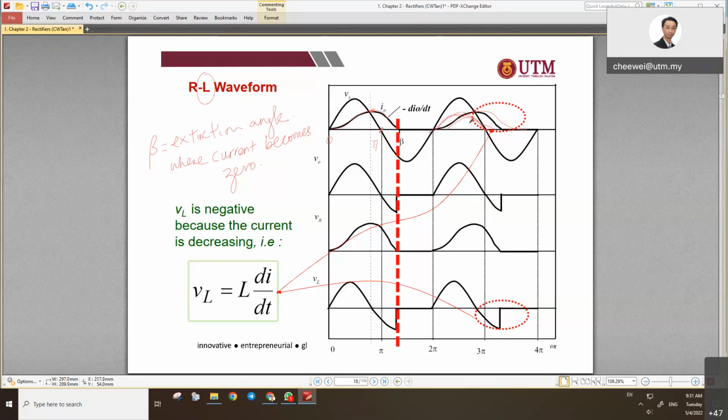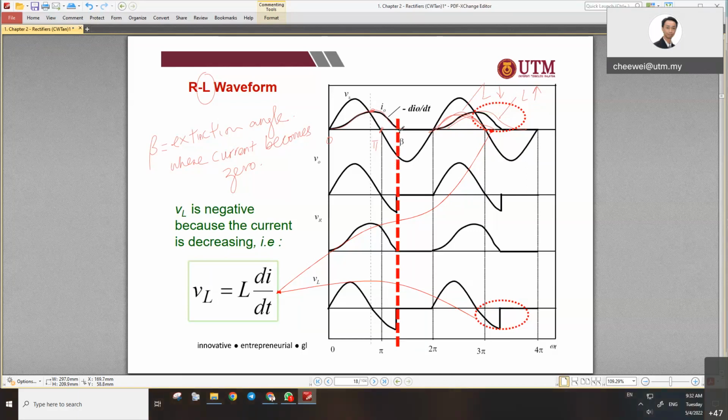So the size of the inductor plays an important role. If the inductor is big, it will delay further. If the inductor is too small, with no impact, it will be like R only. The slope or the hill goes further to the right until it stops at 0. Then it's known as the extinction angle.